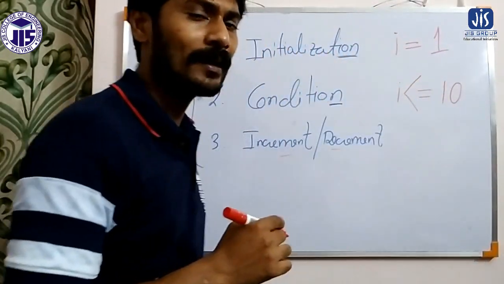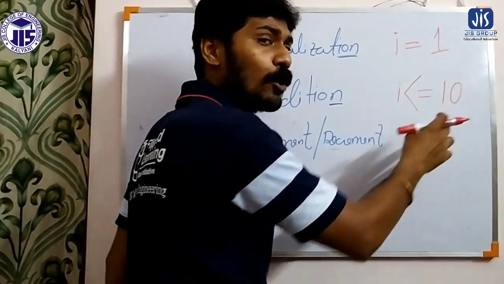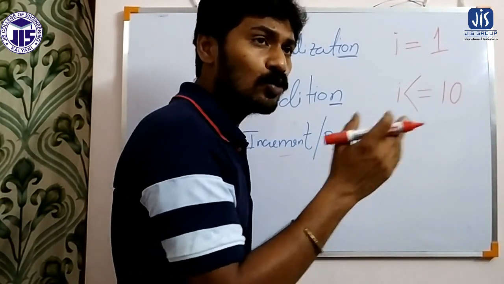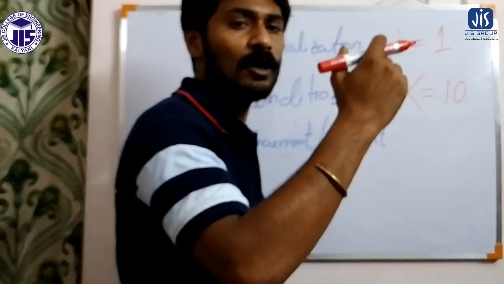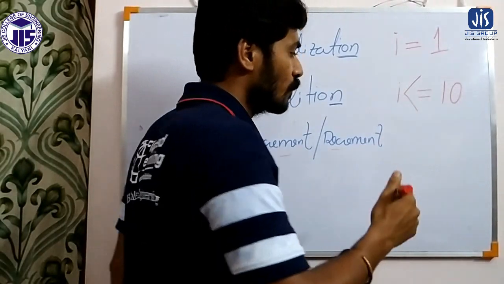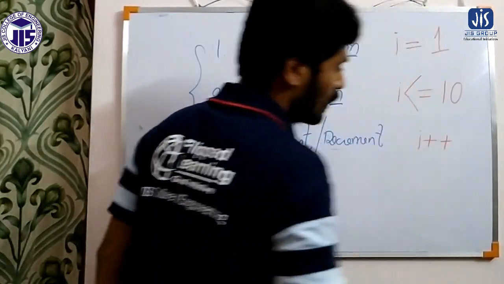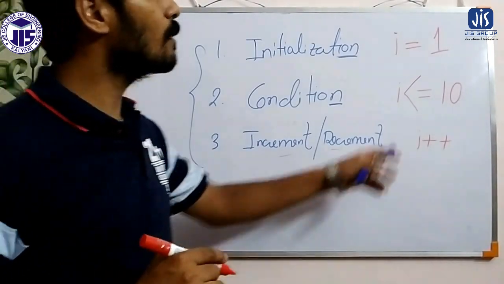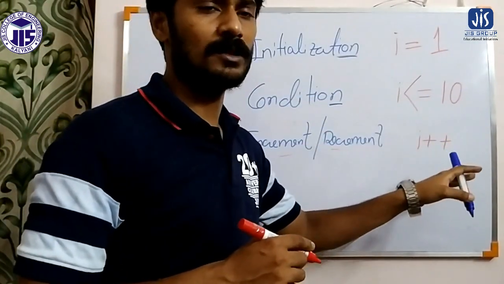That we have to check. So our starting point is 1 and our ending point is 10. We have to count from 1 to 10. To reach from 1 to 10, we have to increase the value 1, then 2, then 3 and so on. So here we are using the increment operation, that is I plus plus. So these are my main three components. First one is I equals 1, then I less than equals 10, then I plus plus.